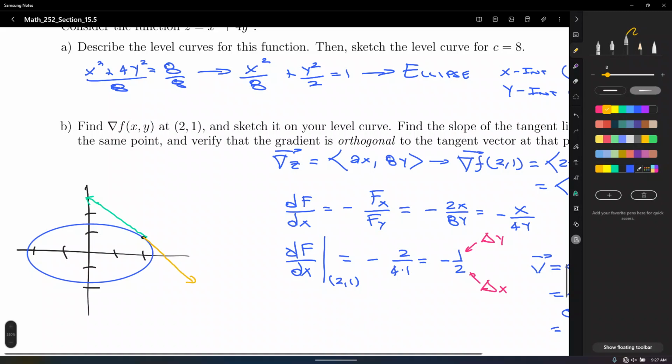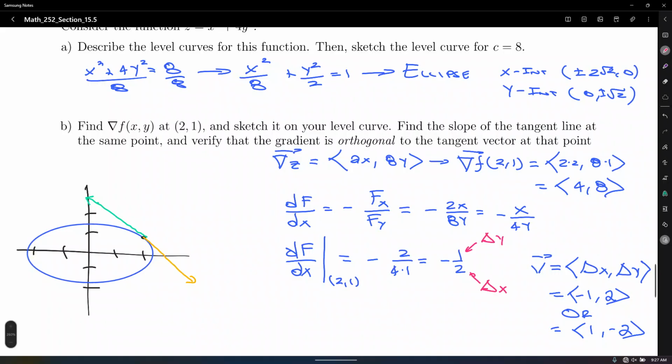Now, from this same point, I'm going to plot the nabla vector, the gradient vector, that is (4, 8). That is nabla f, which is (4, 8). Now, from the picture, because I tried my best to make them look perpendicular, for sure these two vectors are orthogonal, right?